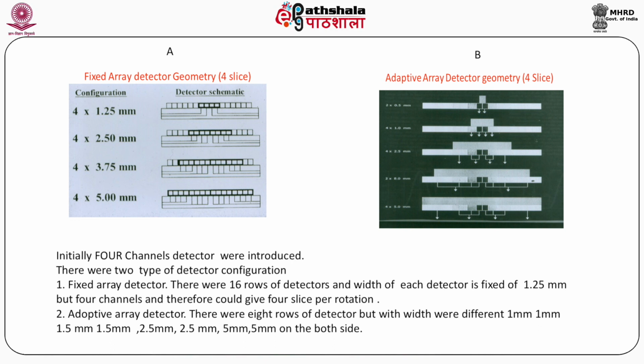Let's say for a Wipro G scanner, they had 16 rows of detectors, and width of each row of detectors was 1.25 millimeter, and there were 4 channels, so it could acquire 4 slices per rotation. The speed of rotation was increased from 1 rotation per second to about 2 rotations per second, and now it is 3 rotations per second. So the speed of X-ray rotation was increased.